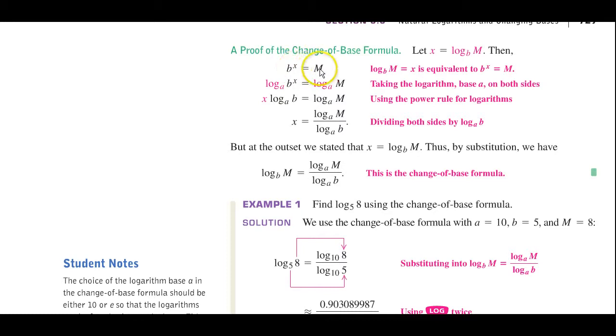X is the exponent, equals m is your answer. All right, so let's study this here. So here they're just putting where m is, right there. They're putting what it equals. Equals log a m. Okay, that's good.